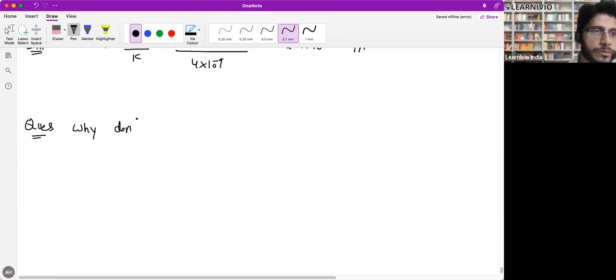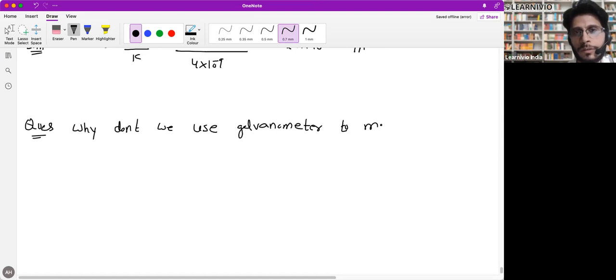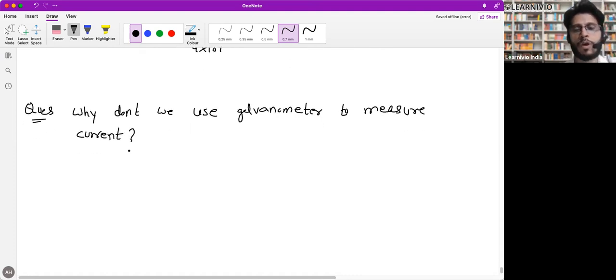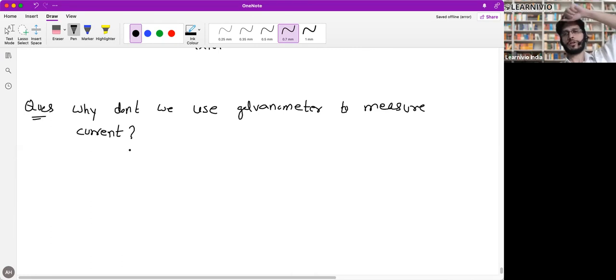We use galvanometer to detect current, but not to measure current. Reasons.